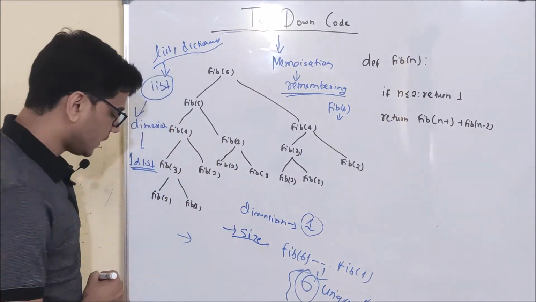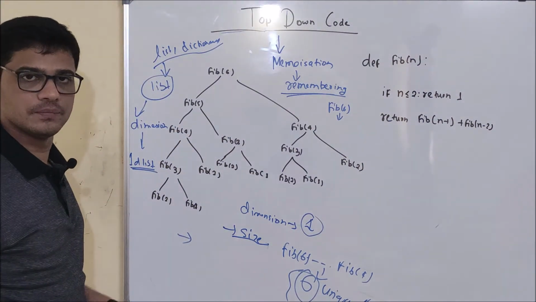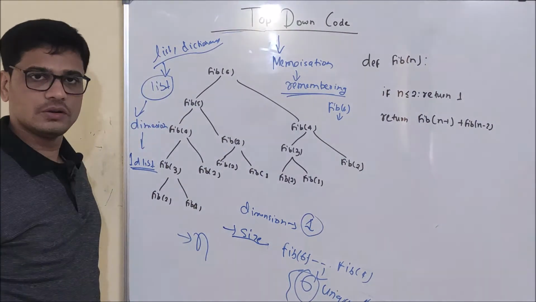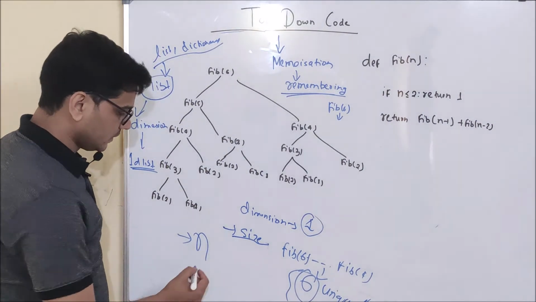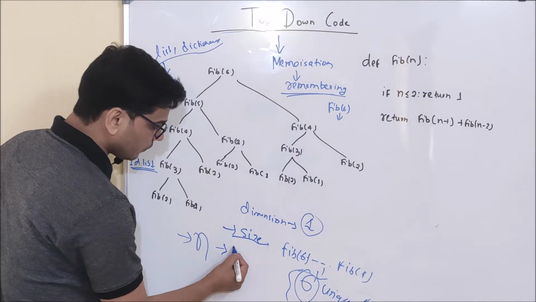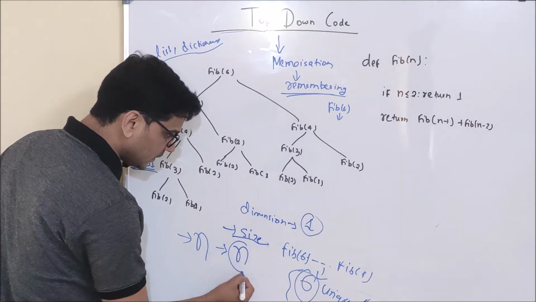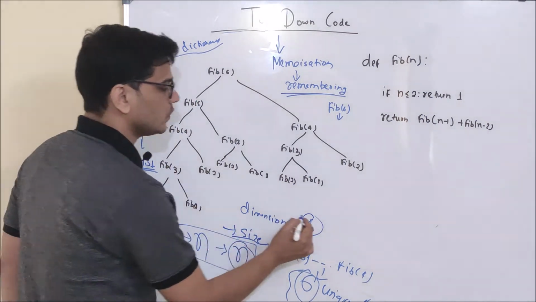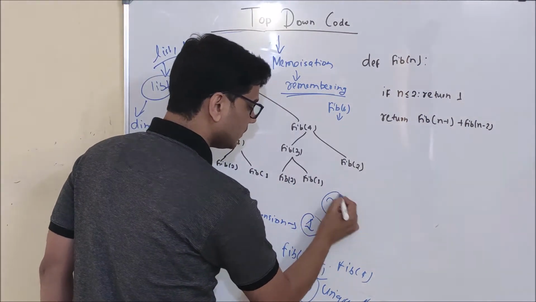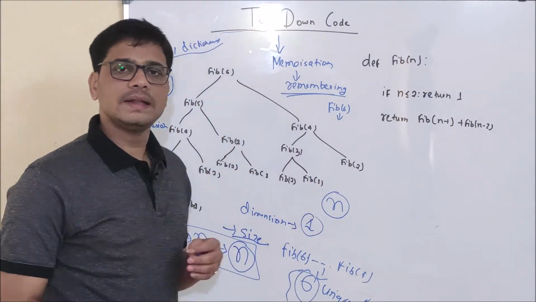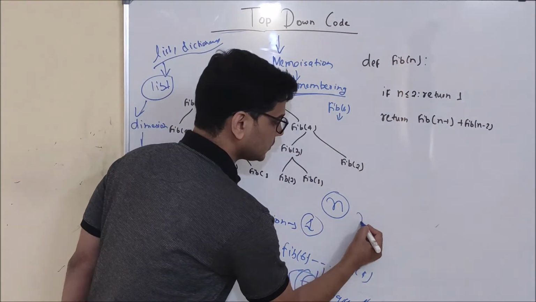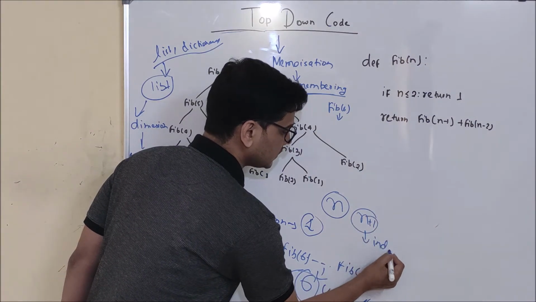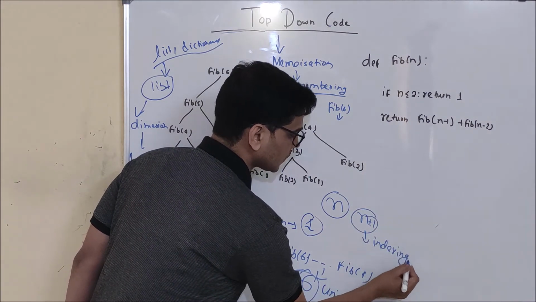So what can we conclude? If I make a function call to fib of n, the number of unique function calls will be n. That is, my table size will be n, and I will take the table size to be n plus 1. Why? It will help us in indexing.